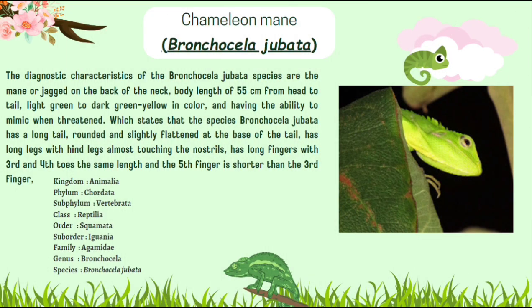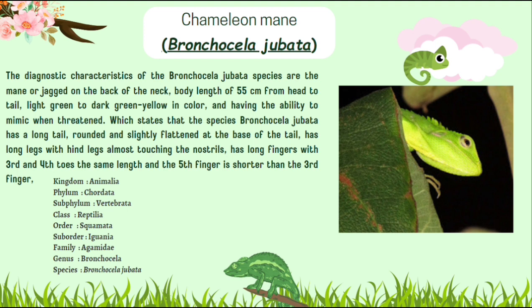The characteristics of the chameleon mane: the mane is located at the base of the neck, body length is 55 centimeters from head to tail, light green to dark green-yellow in color, and it has the ability to mimic when threatened.